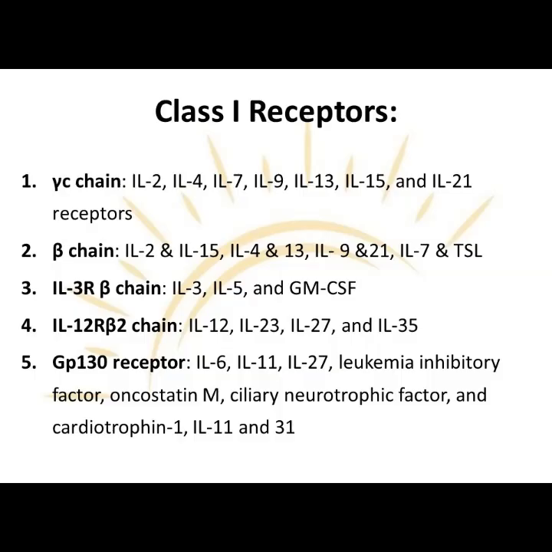Three: IL-3, IL-5, and GM-CSF sharing the IL-3 receptor beta chain. Four: IL-12, IL-23, IL-27, and IL-35, IL-12 receptor beta-2 chain. Five: GP130 receptor members are IL-6, IL-11, IL-27, leukemia inhibitory factor, oncostatin M, ciliary neurotrophic factor, cardiotrophin-1, IL-11 and IL-31.